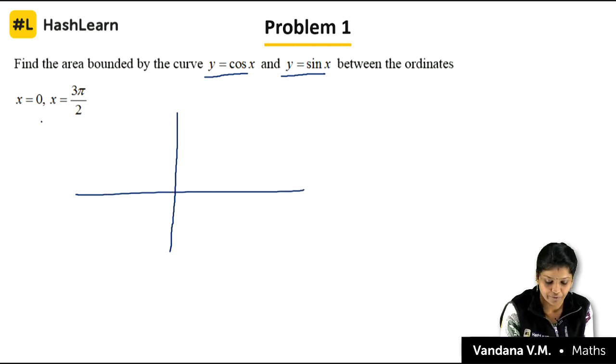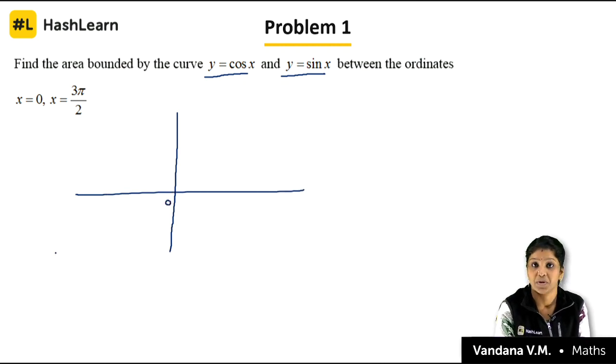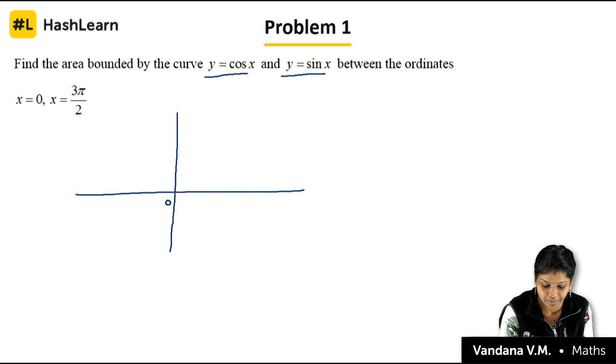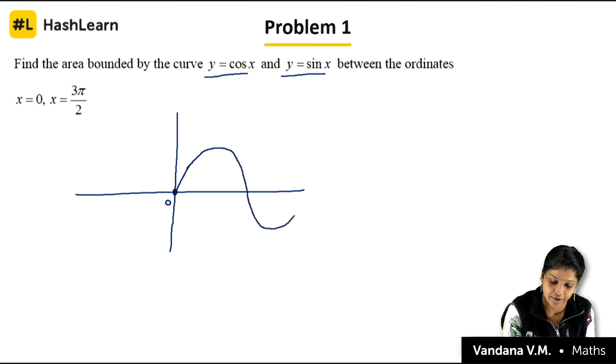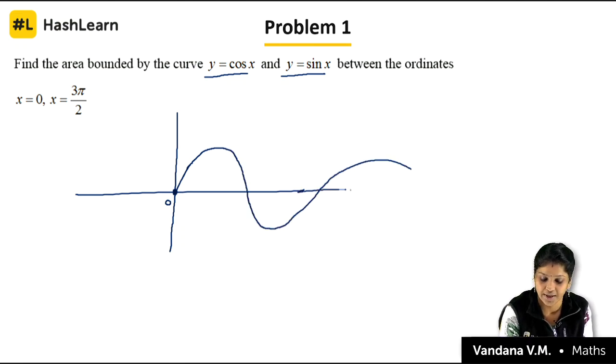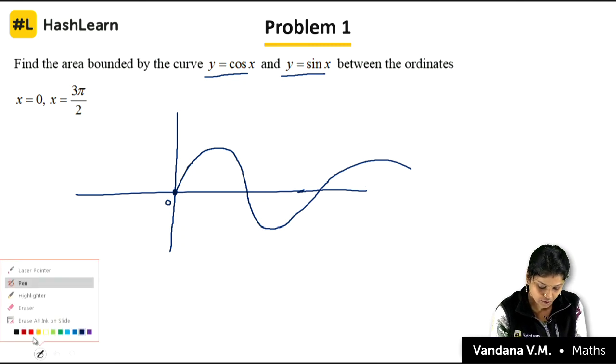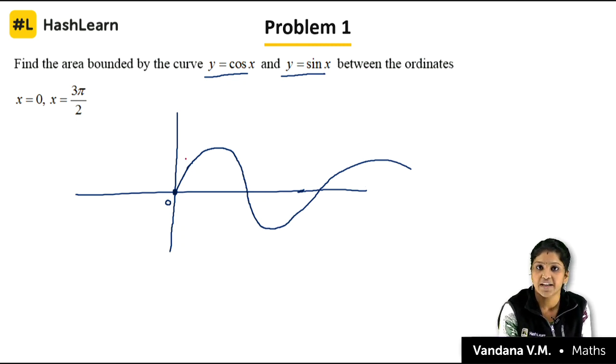From where to where? From 0 to 3 pi by 2. Sin 0 is 0. First let me draw. So it will start from 0. Sin x graph I am drawing first, and then sin 90 is 1 and it will go afterwards. Now draw the cos x graph, children.